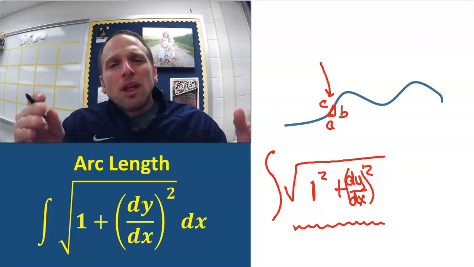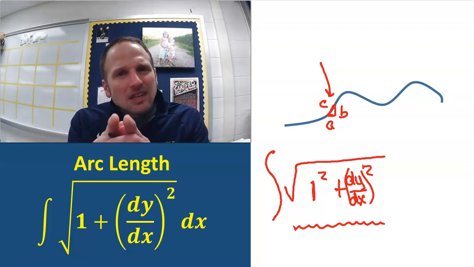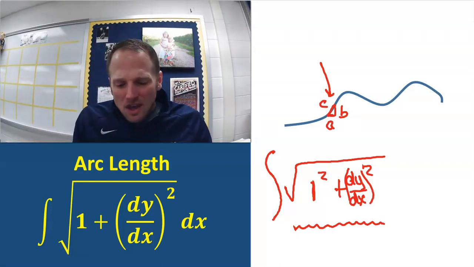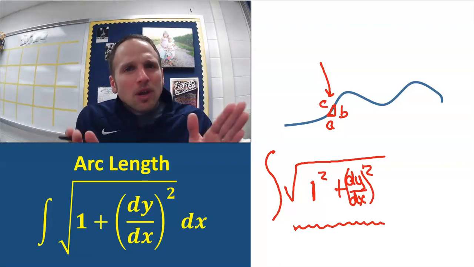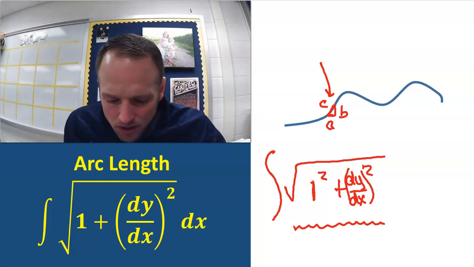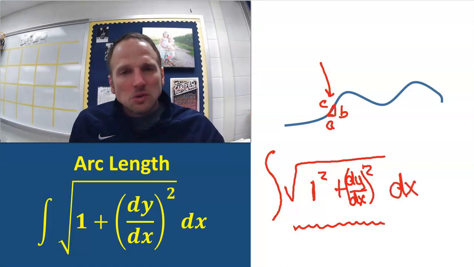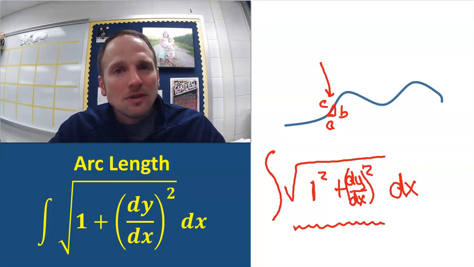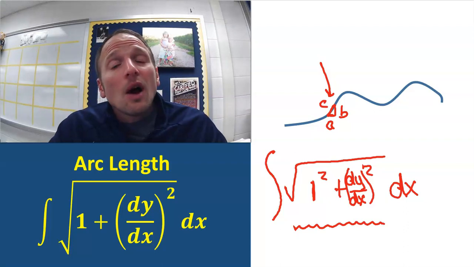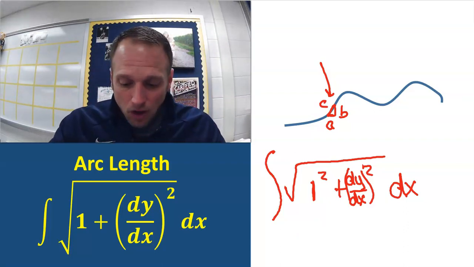If we want this to become a very, very tiny change in x, how would we do that? Well, we would just multiply by a very, very small number, dx. Okay? And that's it. That's our formula. That's how we're going to calculate the arc length of a curve.